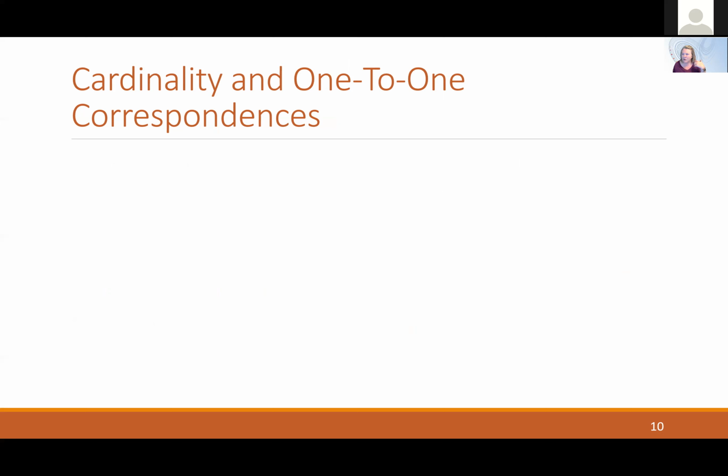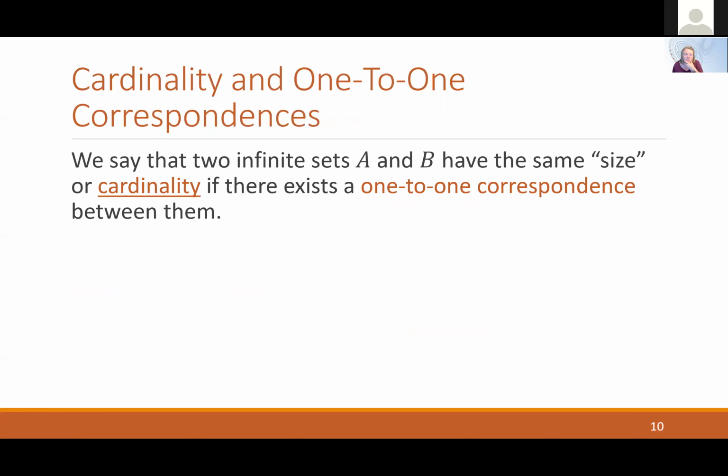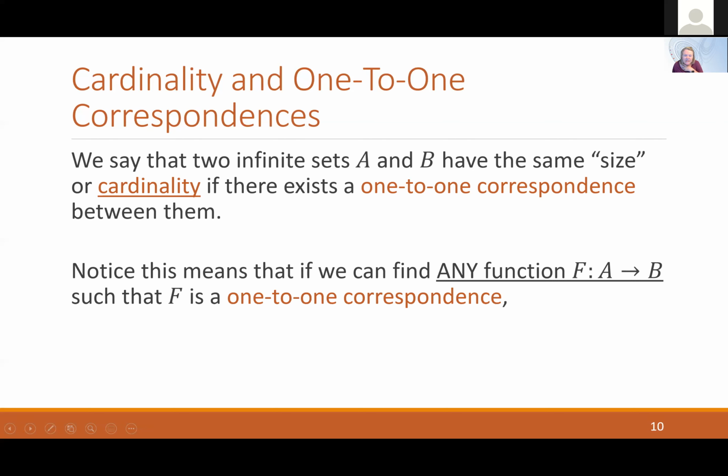So cardinality and one-to-one correspondences, let's talk about that. We can say that two infinite sets, A and B, have the same size or the same cardinality if there exists a one-to-one correspondence between them. Notice this means if we can find any function, and this is important, any function that takes set A to set B such that there is a one-to-one correspondence.